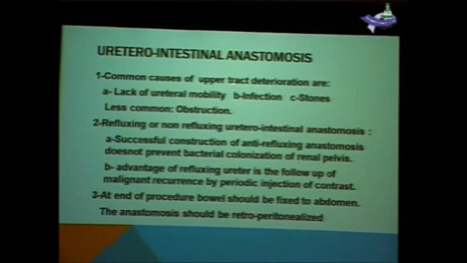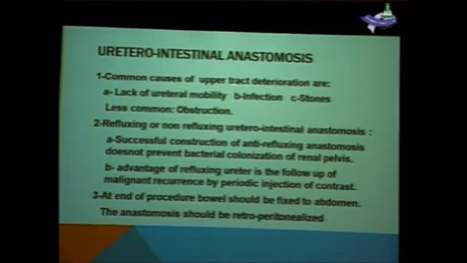Ureterointestinal anastomosis. We talked about the stoma in the conduit, how to do it from outside, but how to put the ureters into the bowel. There are many different ways of doing this.